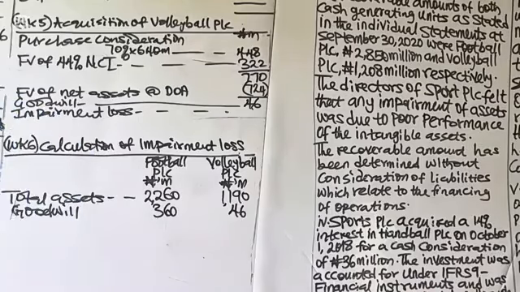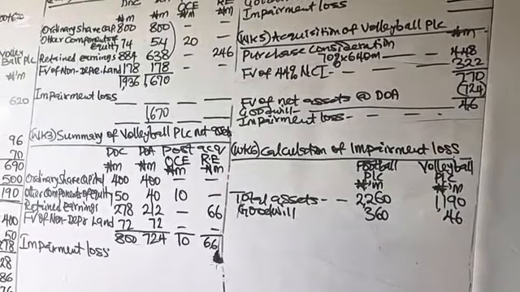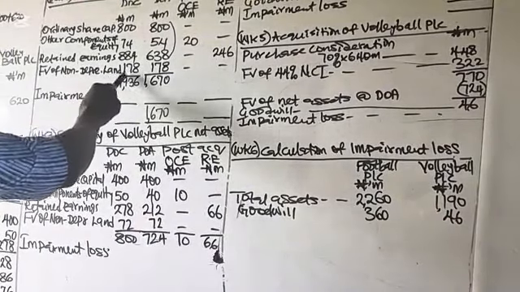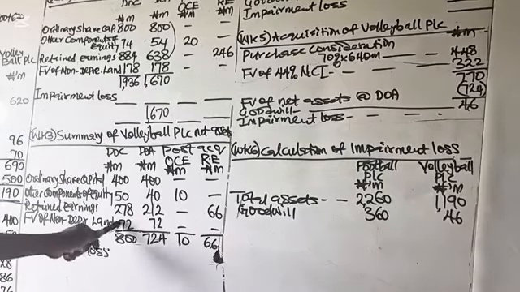Then from the summary of the subsidiaries' net asset, we have fair value of non-depreciable land 178 for Football, that of Volleyball is 72.